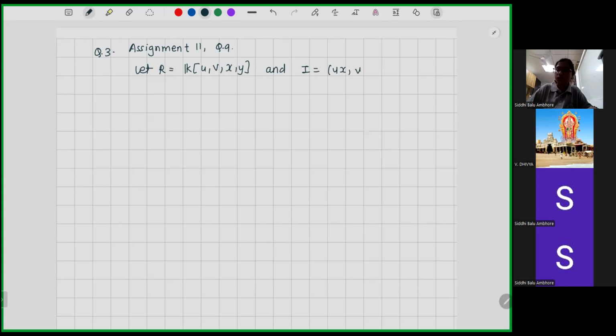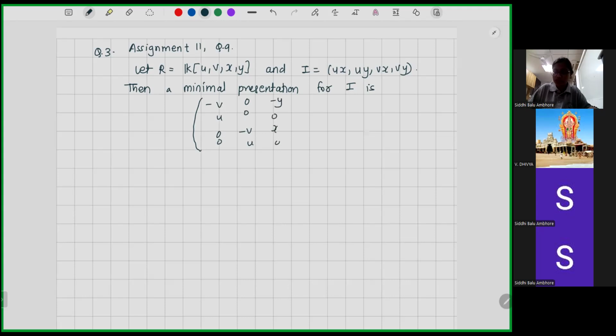So I is (ux, uy, vx, vy), then a minimal presentation for I is this matrix: minus v, u, 0, 0; 0, 0, minus v, u; minus y, 0, x, 0; 0, minus y, 0, x. And we have to check whether this statement is true or false.